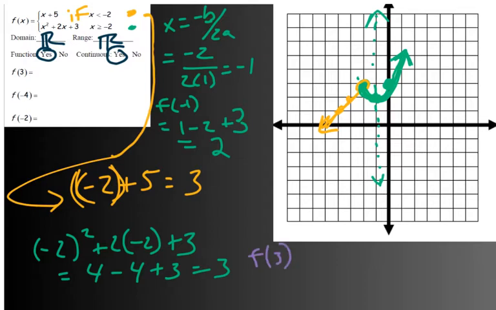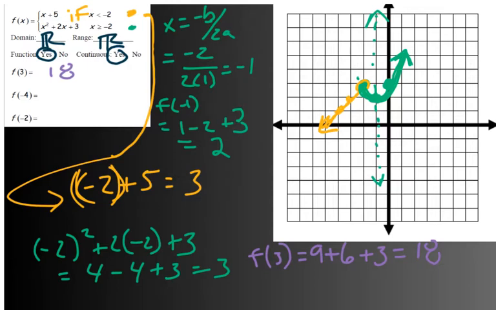So f of 3 would just be 9 plus 6 plus 3, which I get by plugging into this bottom part, because 3 is bigger than -2, so you can plug it into that part of the function. And that's 15, it's going to be 18.